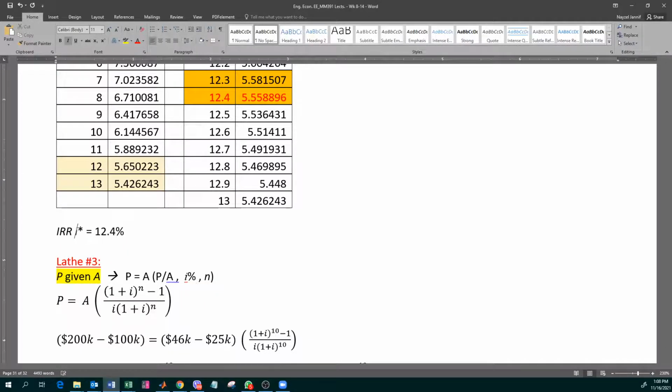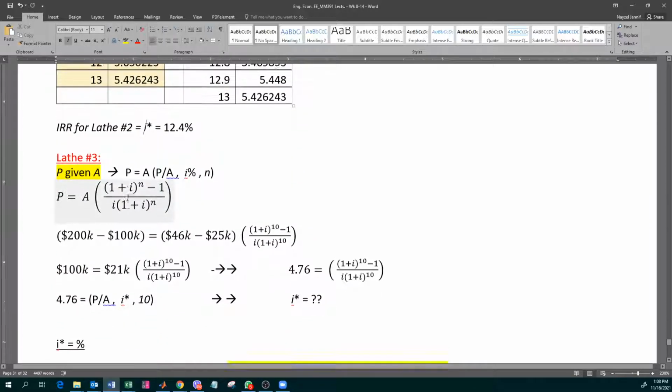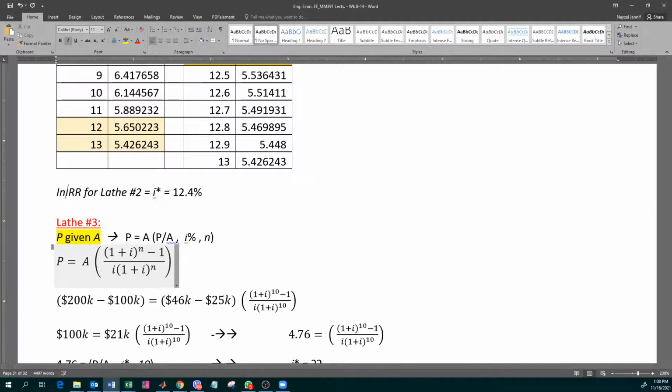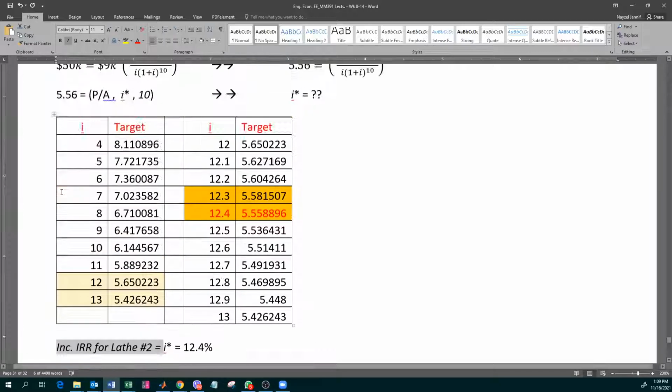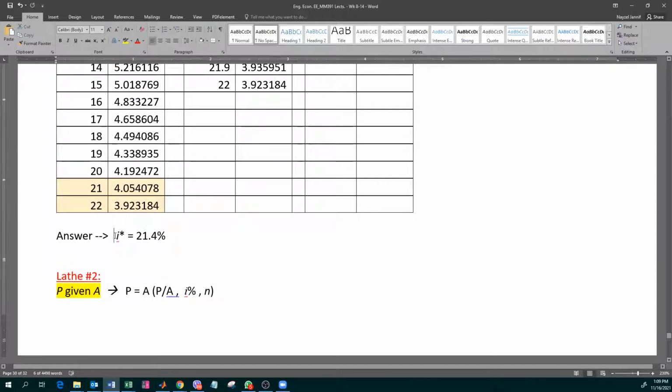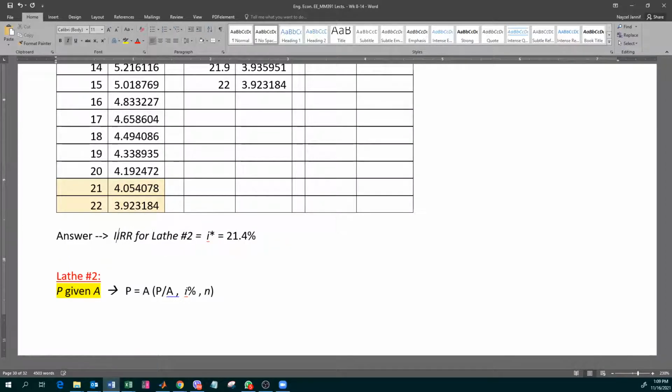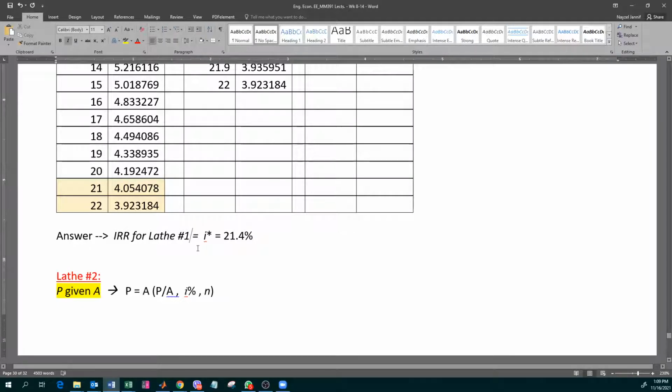Our IRR for lathe 2, which is basically our I star, is 12.4%. It's our incremental IRR, not just the IRR. When we talk about lathe number 1, it's not looking at the incremental. We're only looking at just the plain old IRR. So please note the difference here.